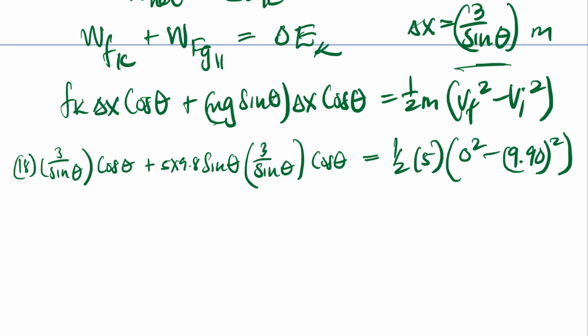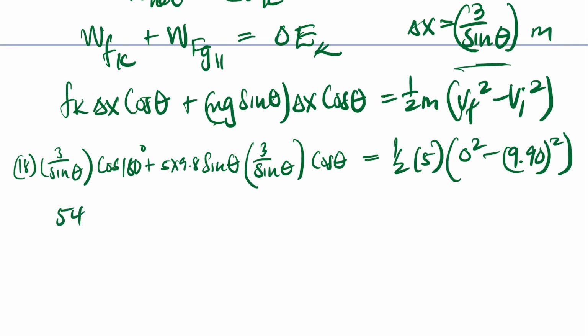Okay, what I forgot here: this is supposed to be cos 180, right? So when I punch that in the calculator, 18 times 3 is 54.